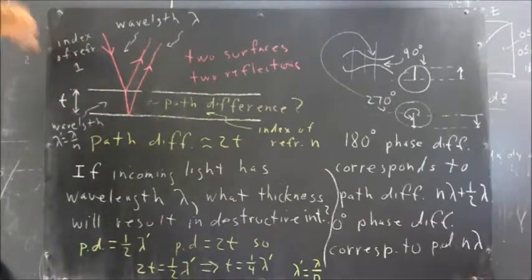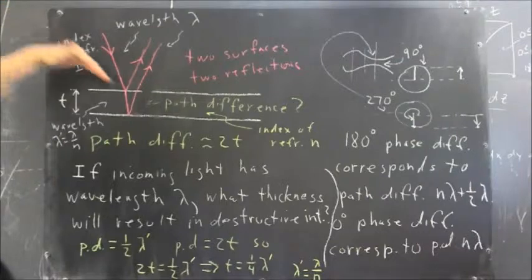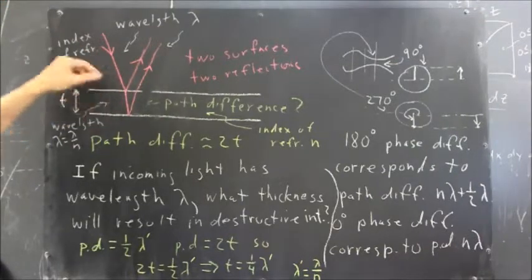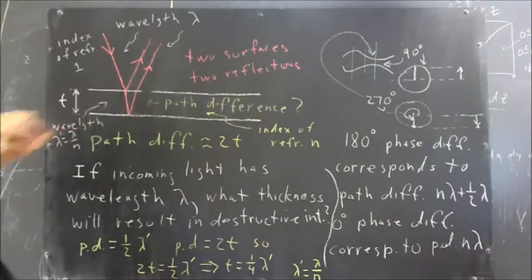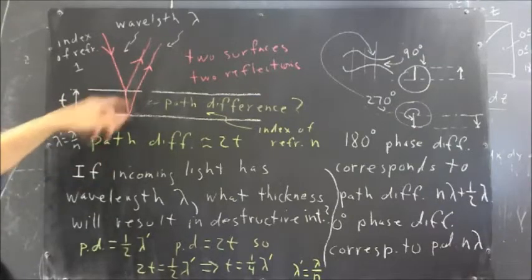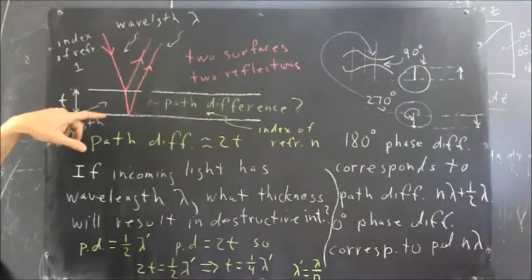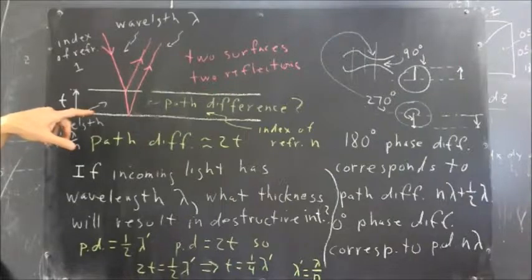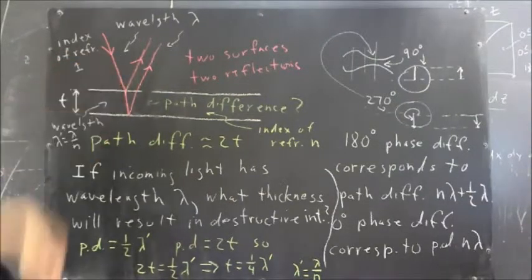If you're trying to reduce the reflection for light coming in at a greater angle, you might have to take the refracted angle here and correct for the cosine. The path difference is going to be 2t divided by the cosine of the angle here with normal.